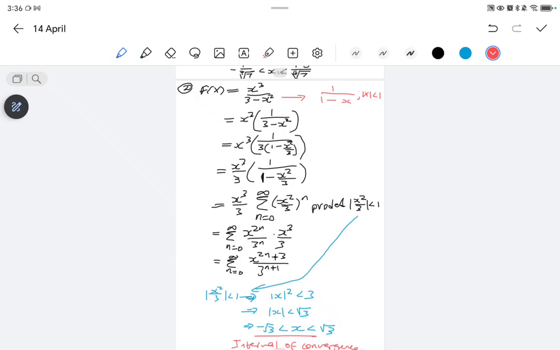Why are you multiplying by x cubed over 3 after provided that? Oh, I just simplified this, then this is this. I just took it in front.